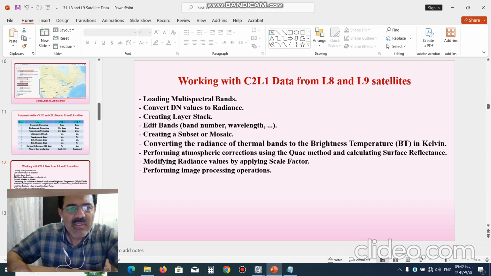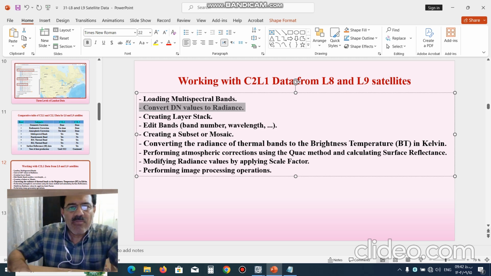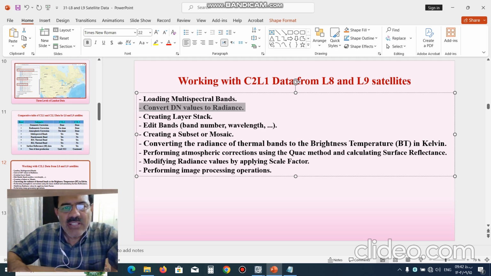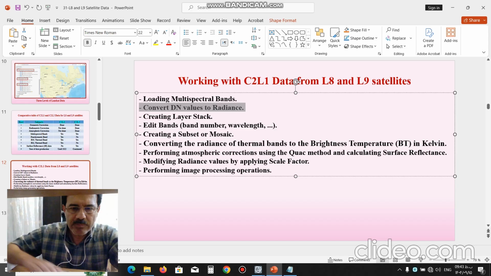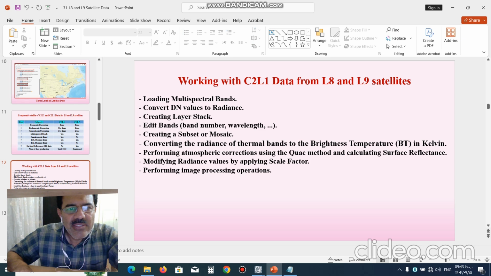And converting DN values to radiance, in this session we can continue this study.